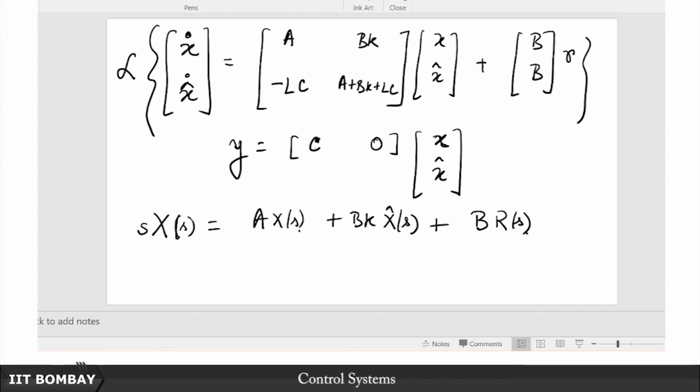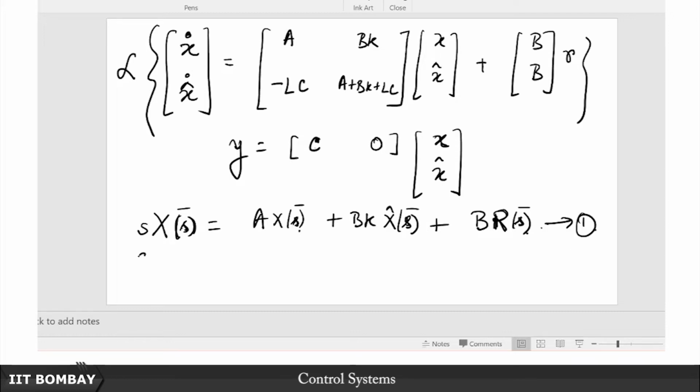Subsequently we shall drop this argument in s for the sake of brevity, otherwise we will see that the expressions start to get very messy. So we will omit these arguments and just use the capitalized letters to indicate that these are indeed the Laplace transform variables in the s domain and not the time domain variables. So this is my first equation.